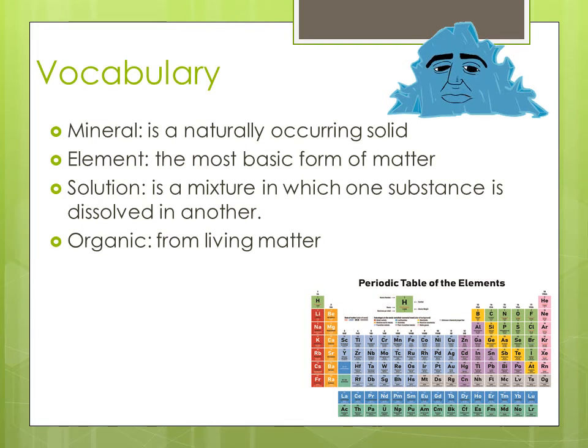So, a tree is organic. A dead tree is organic. If you take that tree and you take the wood from it and you make a table, a wooden table, it is still organic because it is from living matter.